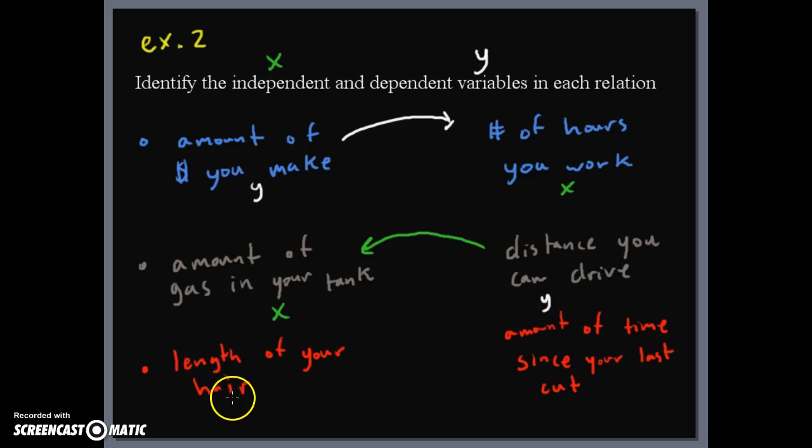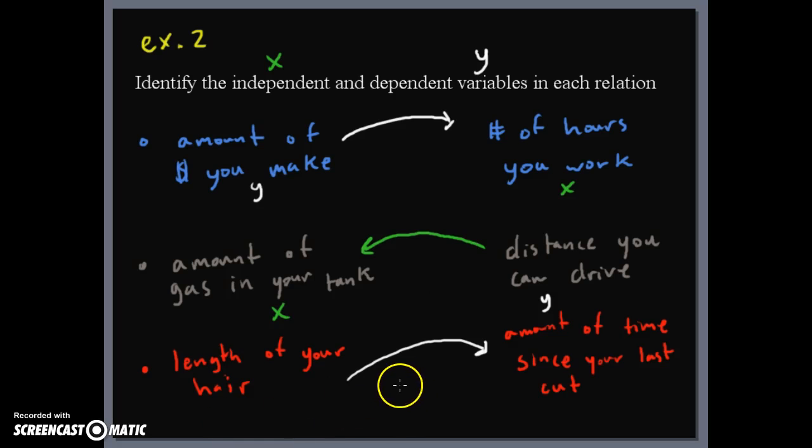The length of your hair, the amount of time since your last haircut. If you said that the length of your hair depends on the amount of time since your last haircut, you were correct. If I get my hair cut on Monday and a week later I get it cut again, my hair is not going to be very long.